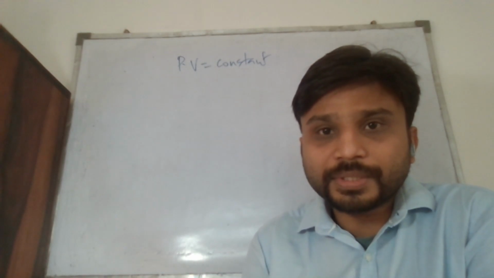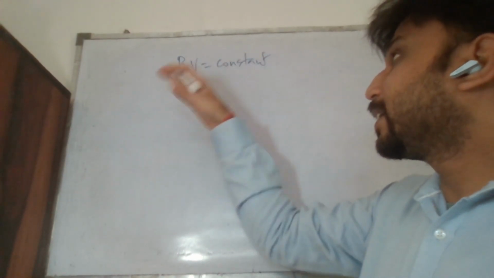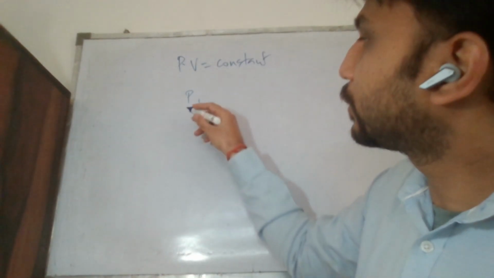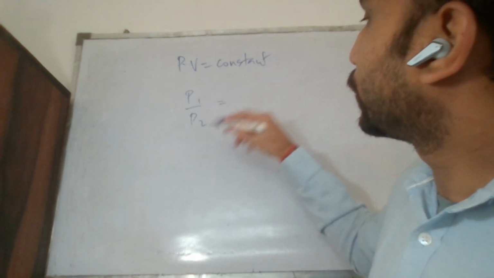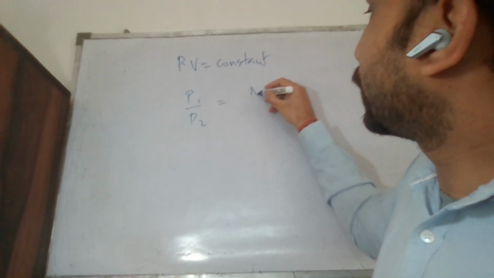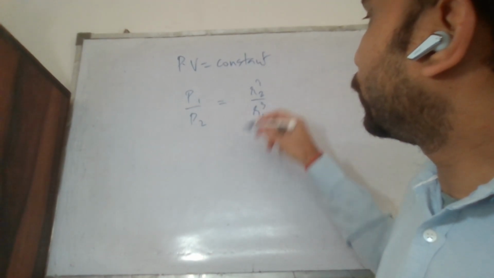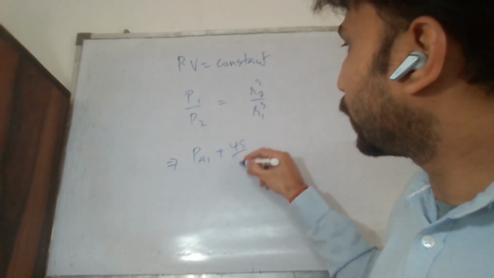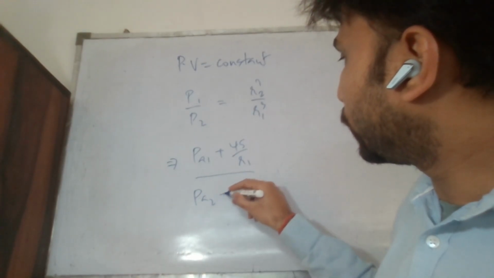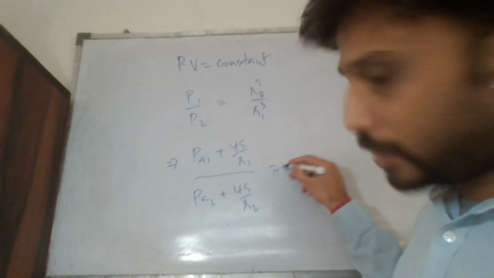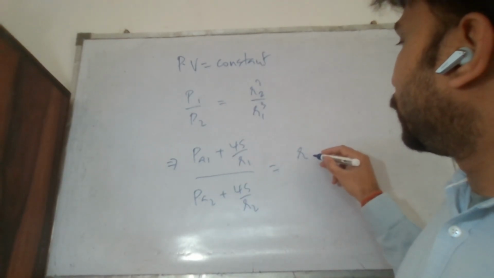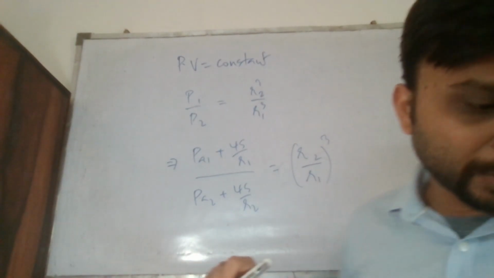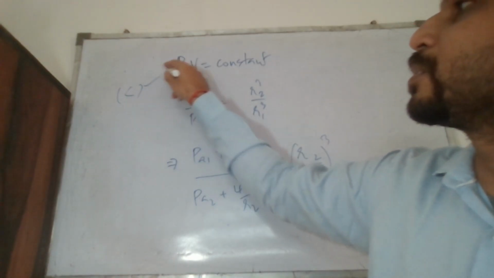As P into V is a constant, we can again plug in those values, that pressure P1 and P2 is equal to R2 cube upon R1 cube. So this value P1 is simply PA1 plus 4s upon R1, upon PA2 plus 4s upon R2. It is equal to R2 upon R1 to the power 3. So this is option number C. So this is also correct.